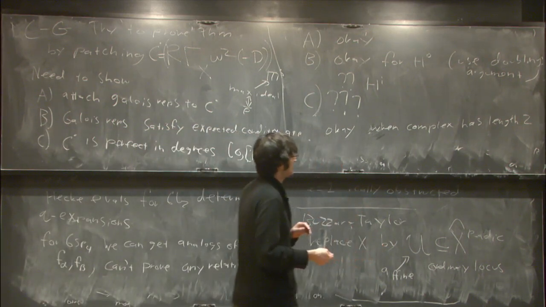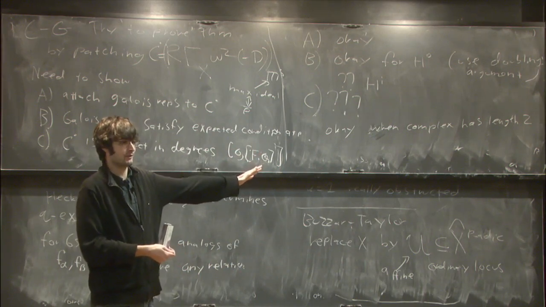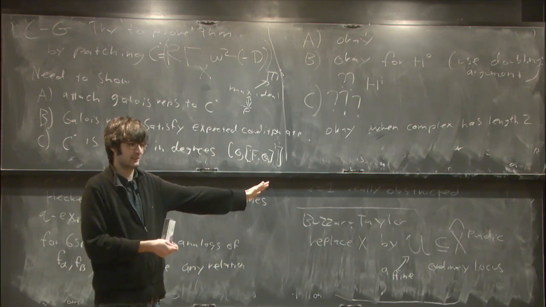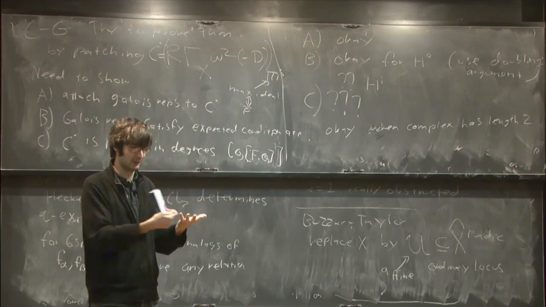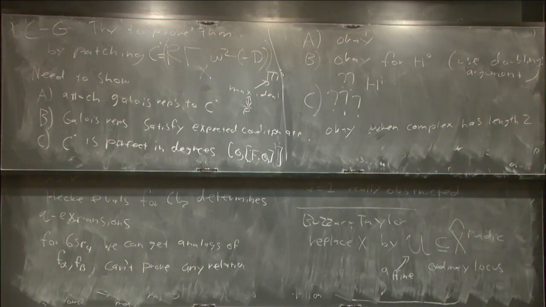So the idea in general is that we should only try to prove R equals T theorems when there's cohomology in 2 degrees, and then use a p-adic gluing argument in general. So in the last couple of minutes, let me just basically say what the program is, and the details we won't get into.